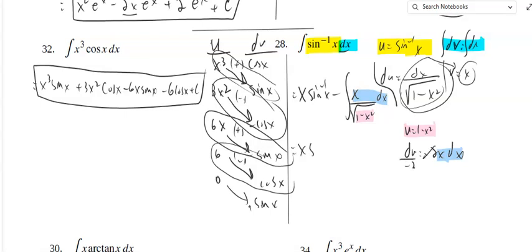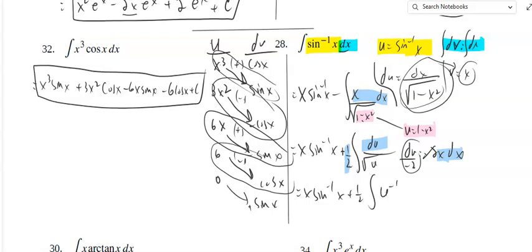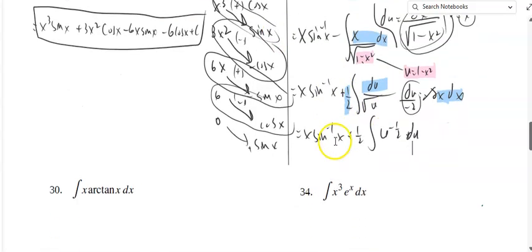This is going to be x inverse sine of x minus the integral. Let's see, negative, so that's positive 1/2. And this is the square root of u. That is x inverse sine of x plus 1/2 the integral of u to the negative 1/2.